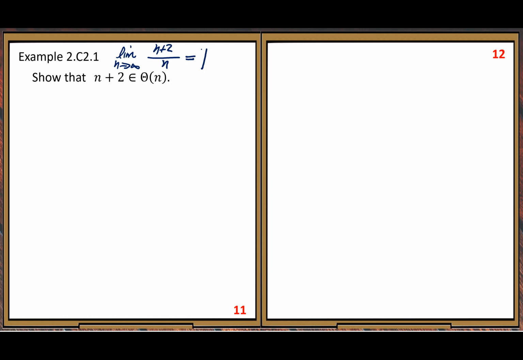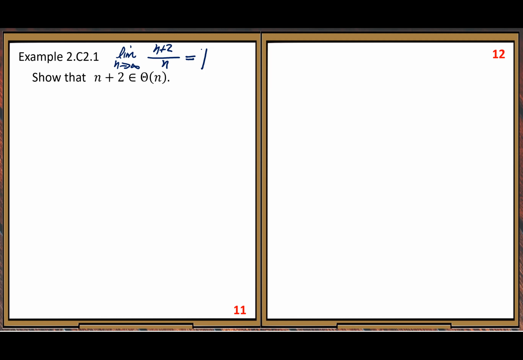Straightforward, very simple. Then for the inequality way, here I just want to show you the inequality way. Upper bound, lower bound. You need to find C1, C2, upper bound, lower bound. So let's start. We want to estimate the n plus 2 function.